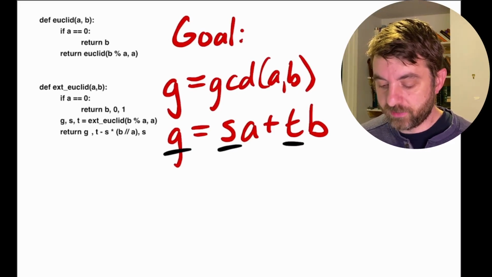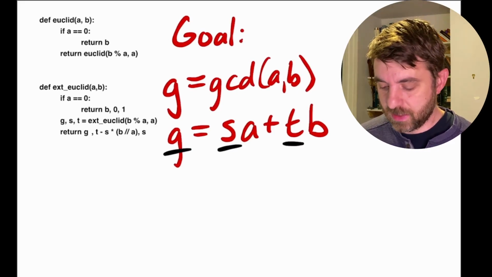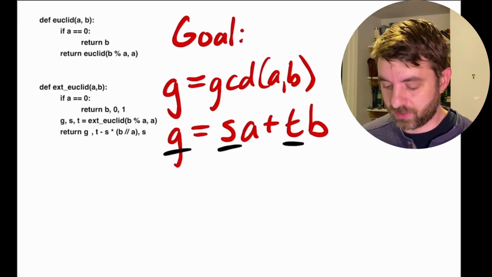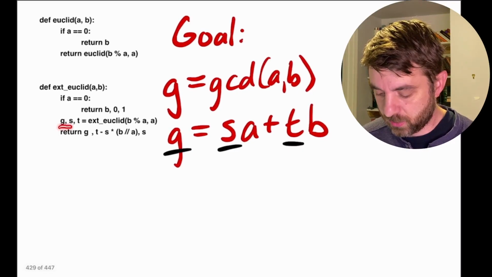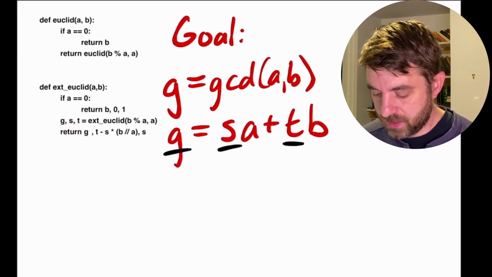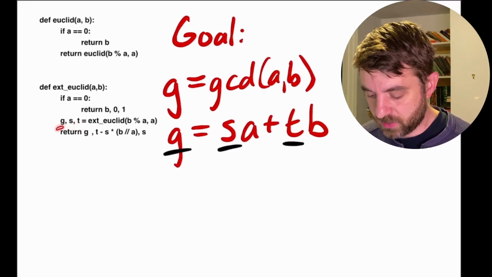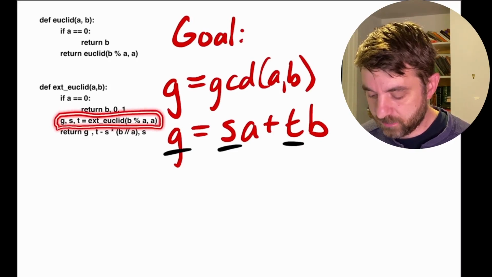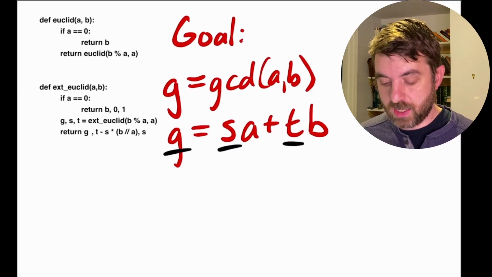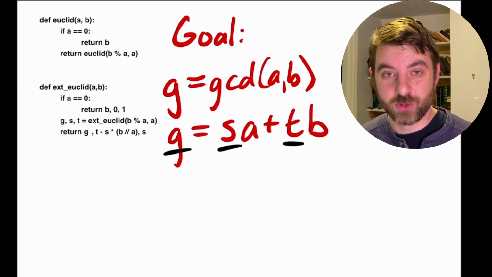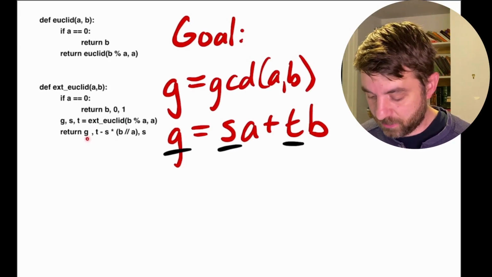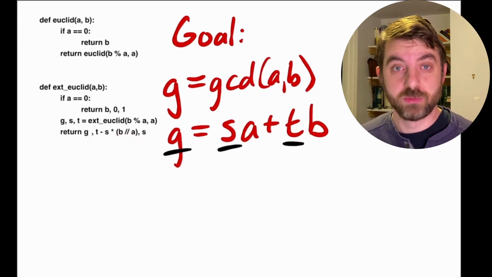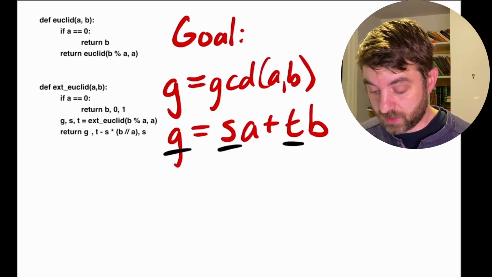All right. If we're not in that base case, then instead of just immediately returning the output of the Euclidean algorithm, we're going to store it in some local variables. So G, S, and T are going to be the result of calling this extended Euclidean algorithm on B mod A and A. And then we're going to use the answer there to return something else. Before we dig into what that is, we'll just derive what it should be and check that we did the right thing.